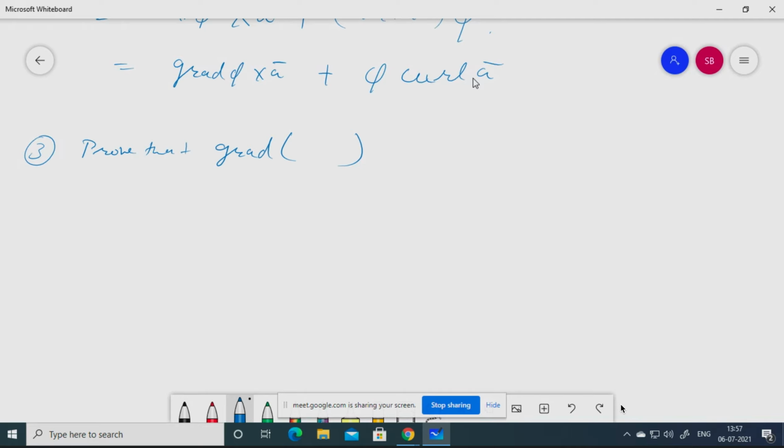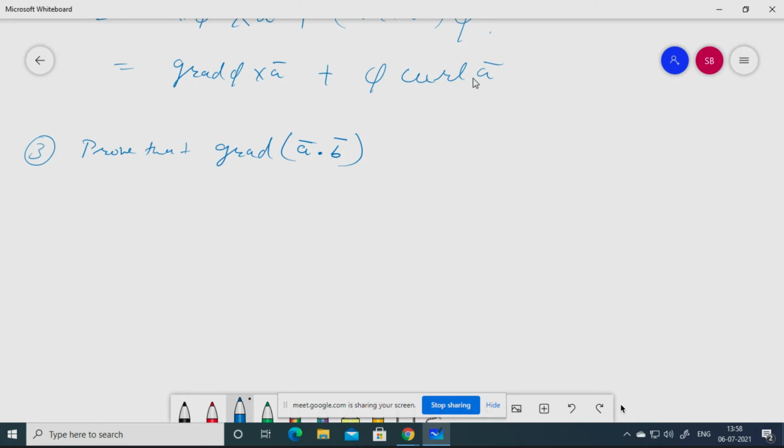Tell me, gradient on which function are you applying, a vector or a scalar? Scalar. Okay. But here I will take two vectors and I'll take a dot product between them. So A bar, B bar are vectors, and A bar dot B bar will be a scalar only.